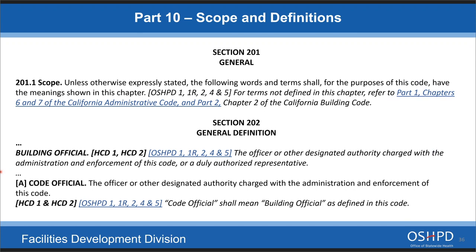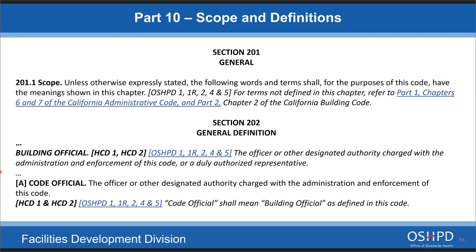Okay, for general scoping, unless otherwise expressly stated, the following words and terms for the purpose of this code have the meanings shown in this chapter. So they're going to have their own definitions in this chapter. For other definitions, we're just pointing back to part 1, chapters 6 and 7, and part 2, chapter 2 for further definitions.